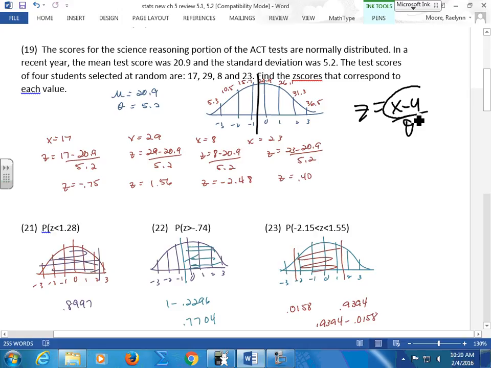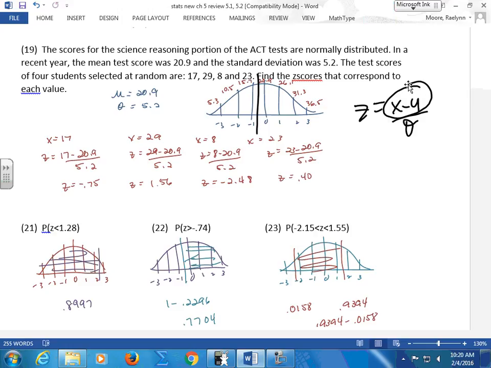So the mean and the x value, if you want it to be negative, smaller minus larger. If you want it to be positive, larger minus smaller, and divide by your standard deviation. So if I need the z-score, you can't use your calculator for that. Okay? Everybody good with this? Everybody can do this.